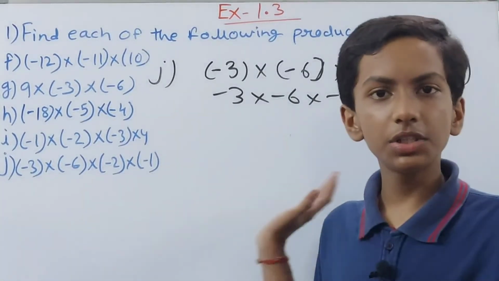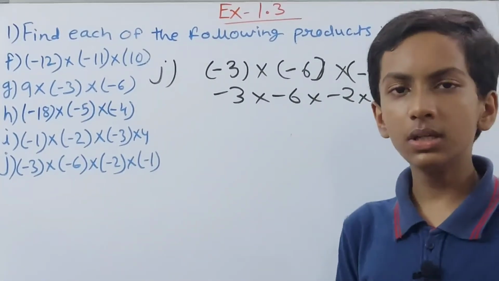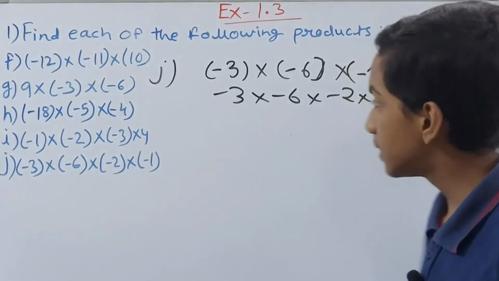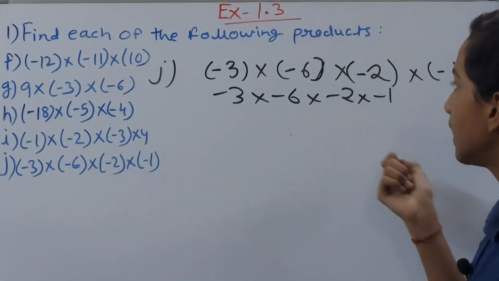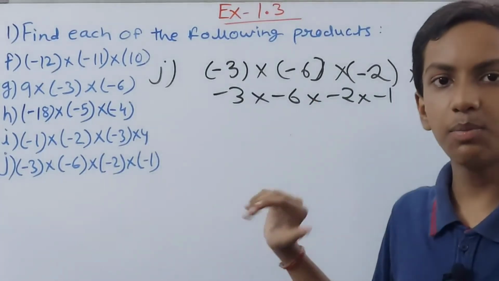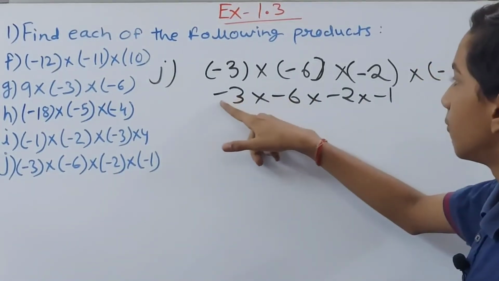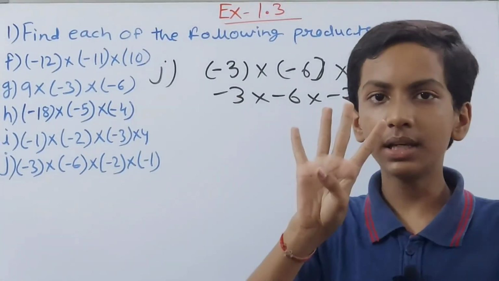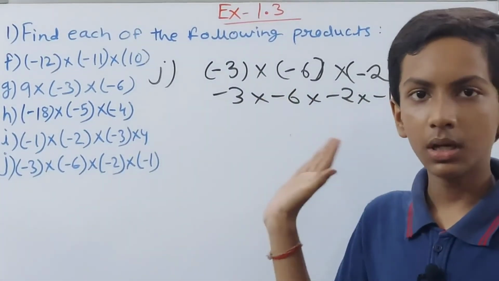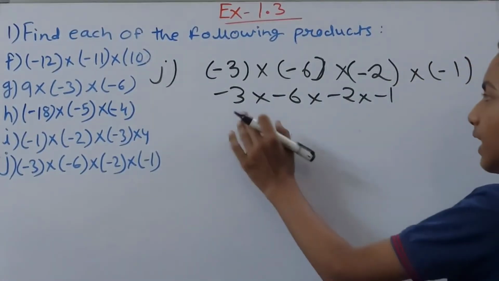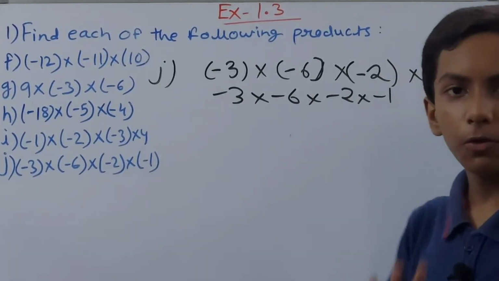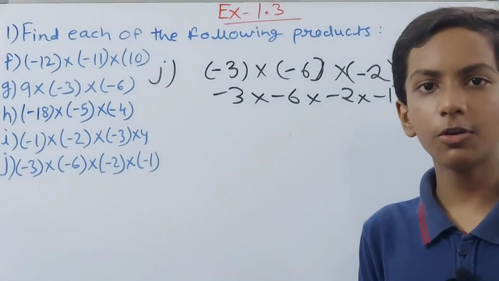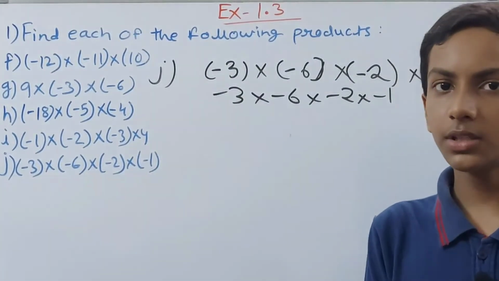All the terms here are negative, so you can solve them one by one, it is up to you. For putting the signs, when all the terms are negative, see how many times we are multiplying: 1, 2, 3 and 4. 4 times we are multiplying negative numbers here. 4 times is an even number of times, and when it is an even number of times, what is it, plus or minus?